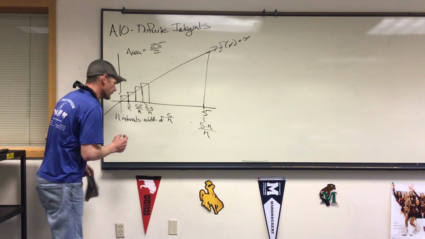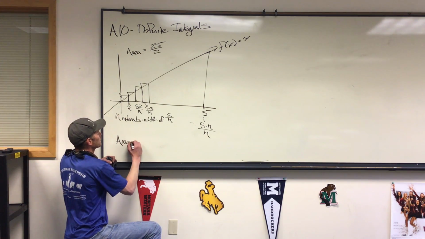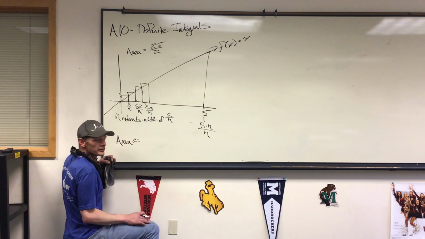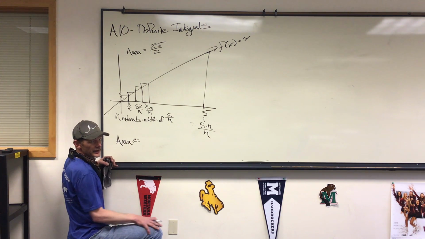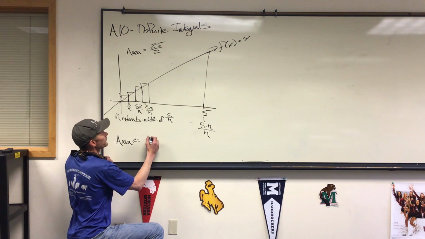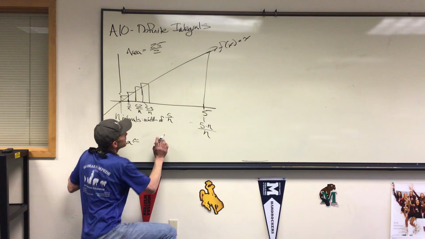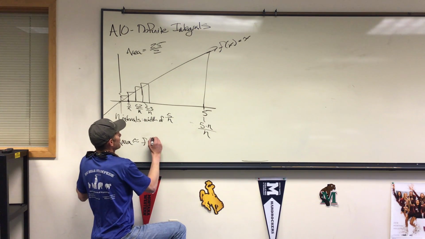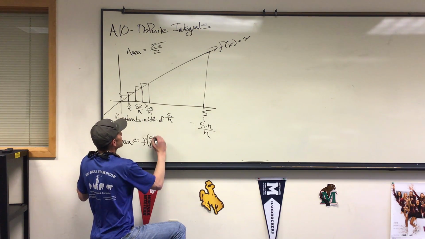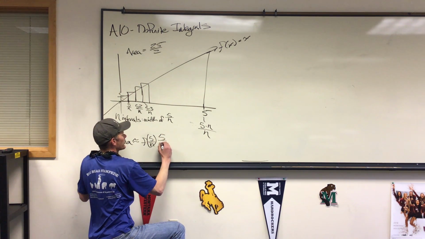Okay, so the area here then is approximately, I'm going to say approximately because we're using n rectangles, n being a finite number, the summation... I'm not going to do that yet. We have f of 5 over n. This is how tall this rectangle is, then let's multiply it by 5 over n, the width.